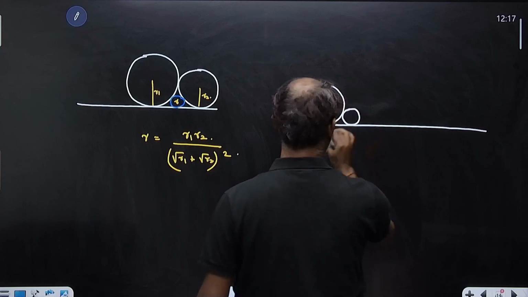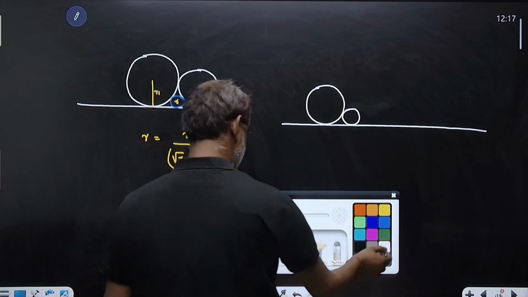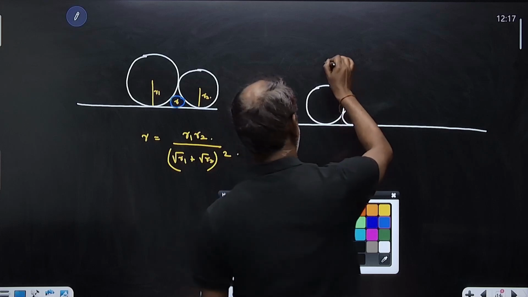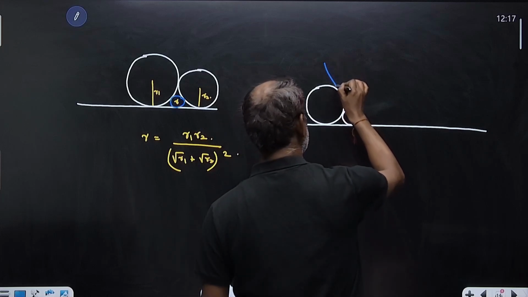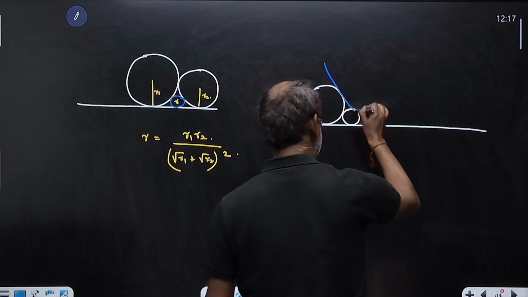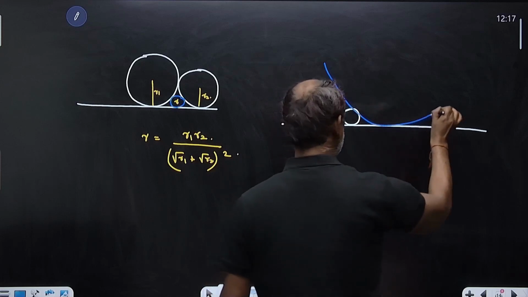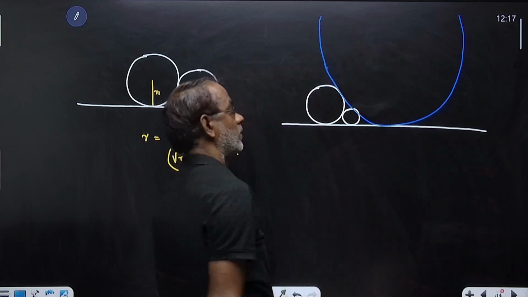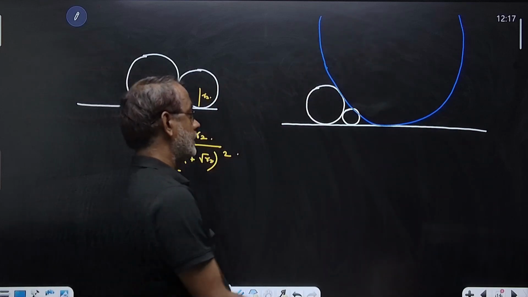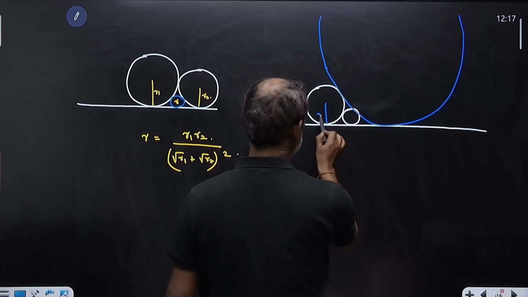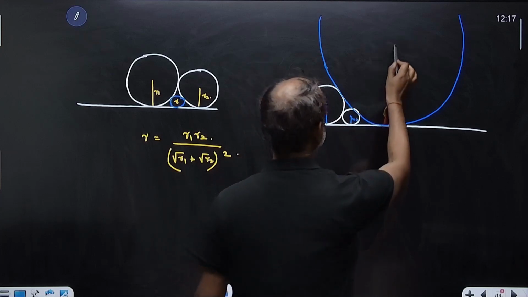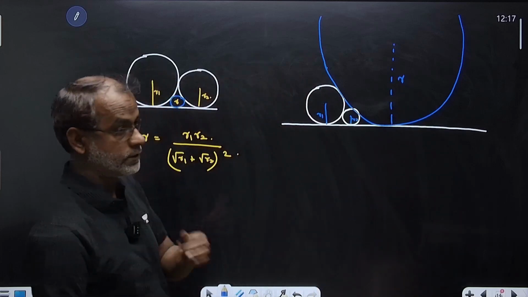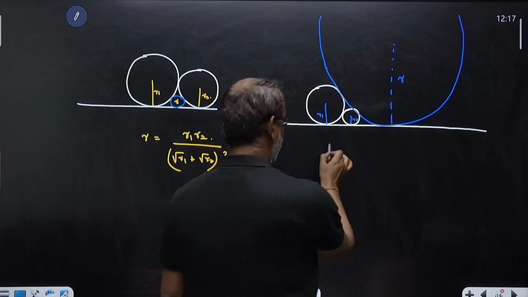Suppose this is R1 and R2. So we would have drawn a circle like this, which also satisfies both the conditions. So here what we would have had is 1 upon root R.